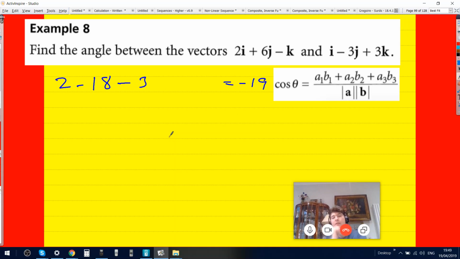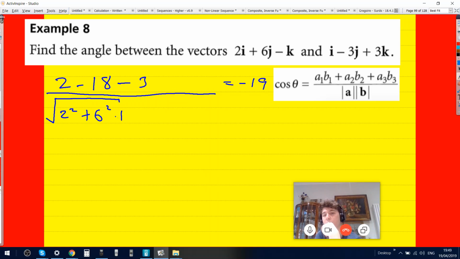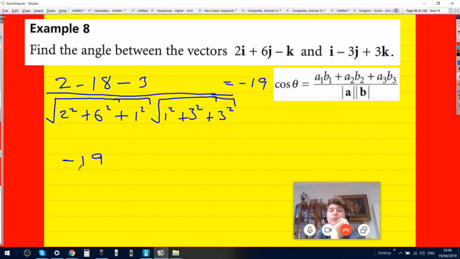So that's minus 19 over the square root of 2 squared plus 6 squared plus 1 squared, times the square root of 1 squared plus 3 squared plus 3 squared. Because anything minus squared becomes plus, I just write them all as plus. It won't make any difference.